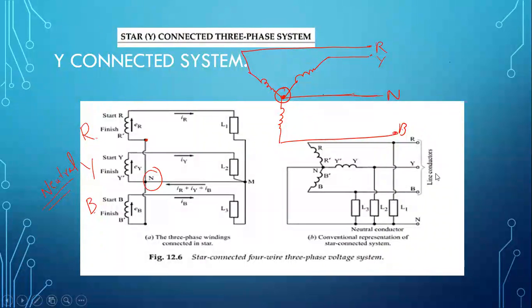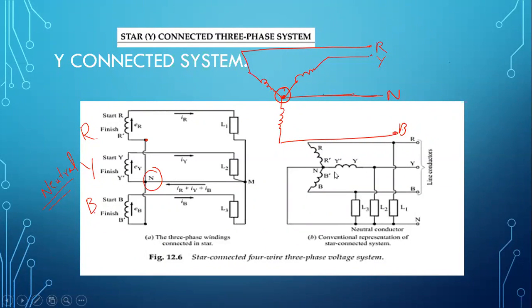So you have to remember this, so that when you calculate the voltage between these line conductors, you can directly identify it as your line voltage. And if you have identified your line voltage, you can go to this Y dash and Y. Whatever is the voltage between this point Y and neutral is nothing but your phase voltage. So it is very important to understand what is line voltage and what is phase voltage.